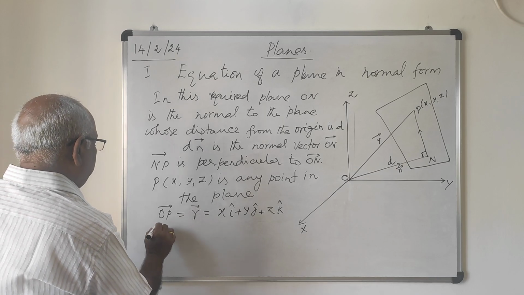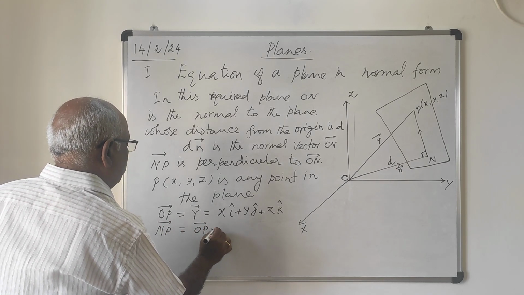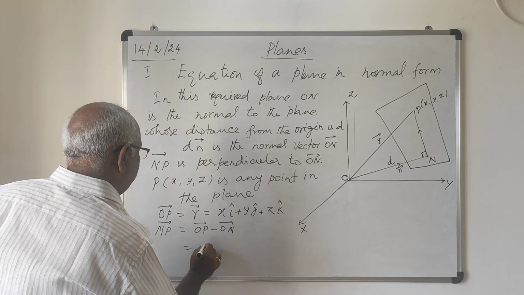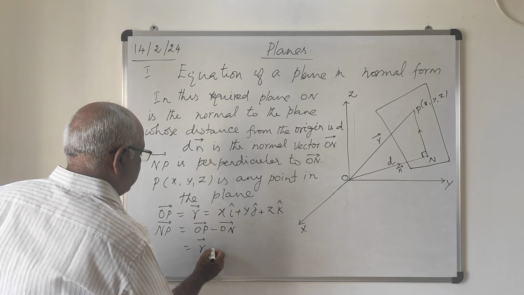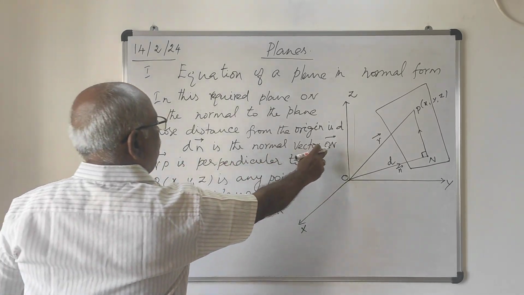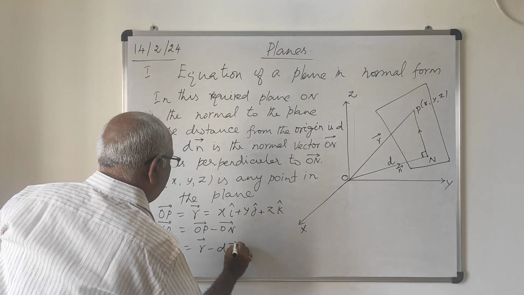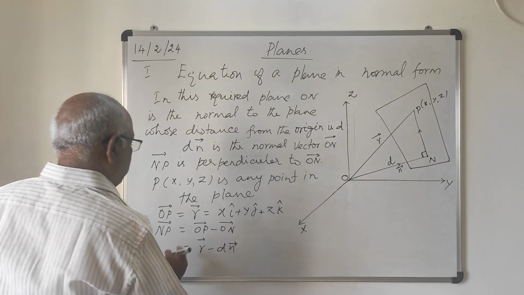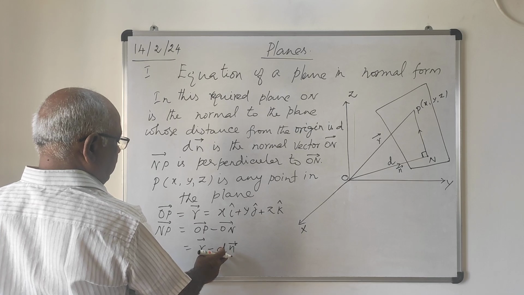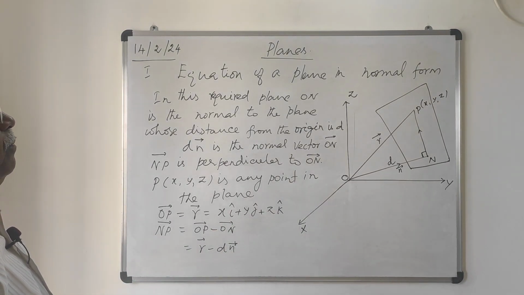NP vector, by definition, is equal to OP minus ON. OP vector is R vector, and ON vector is D into n vector, distance D into n vector. So NP is R minus D into n. Now ON and NP are perpendicular.